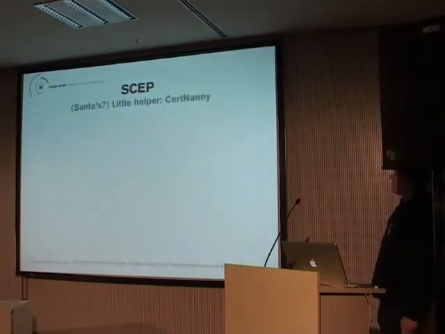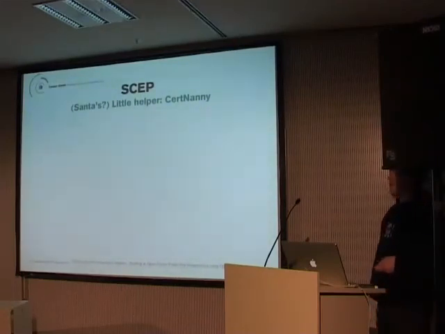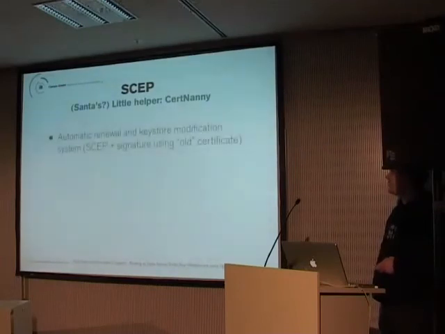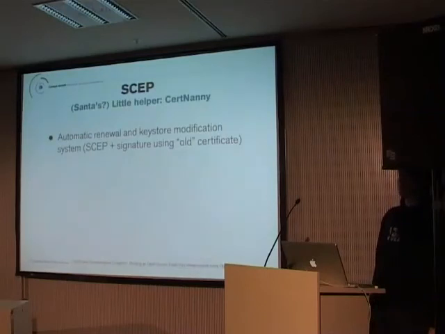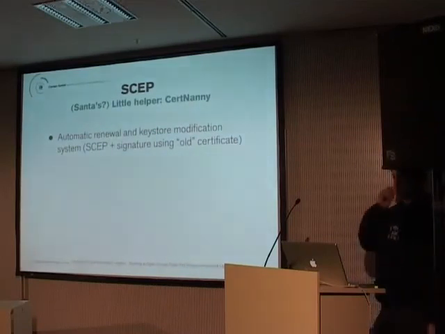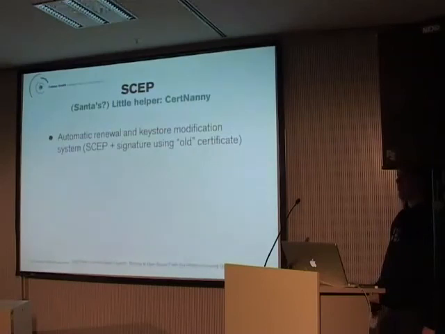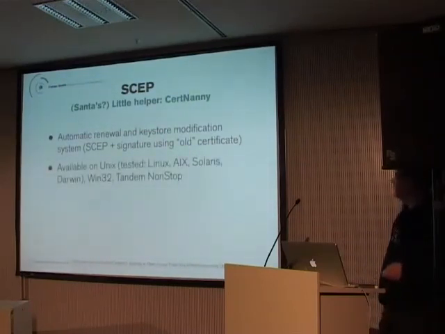So what else is there? I was talking a bit about automation as well. We can do SZAP automatically, even much more, with a little helper program called CertNanny, which is another open source program, kind of a sister project. And the idea is basically you install the program and you forget that you ever have to re-request certificates, because you could just run it in a cron job, and if your certificates run out, it just says, hey, I have to request a new certificate via SZAP, and I can modify the key store.